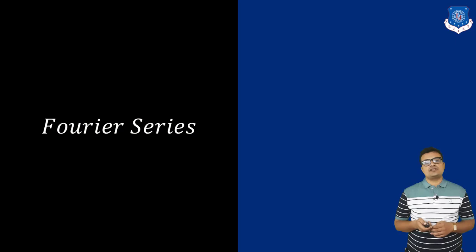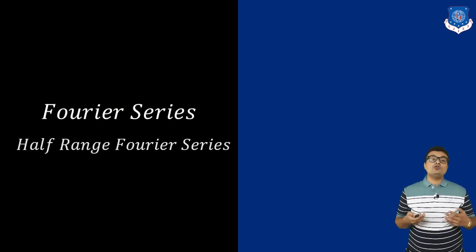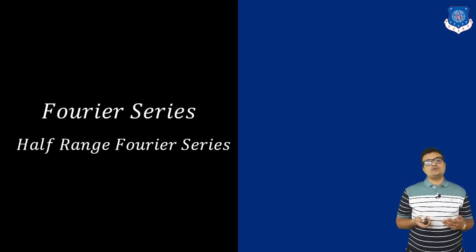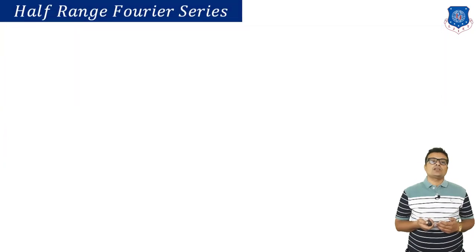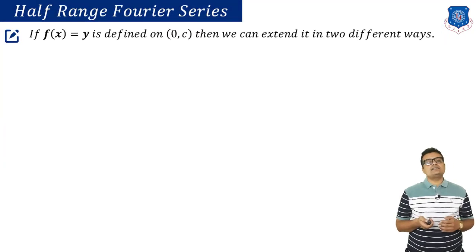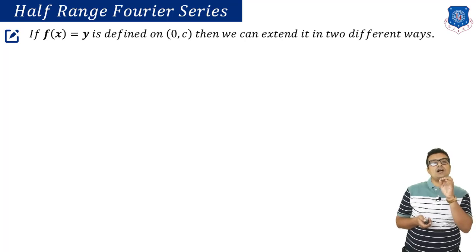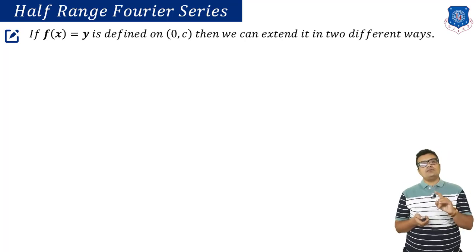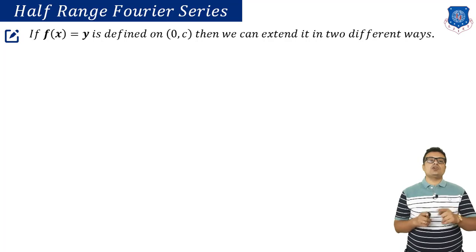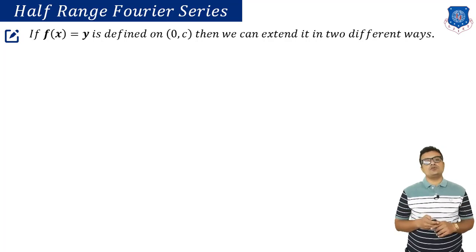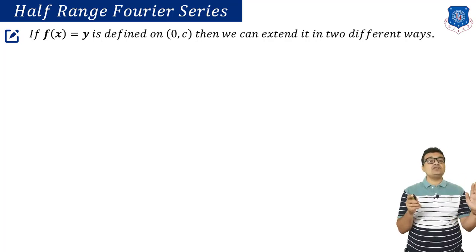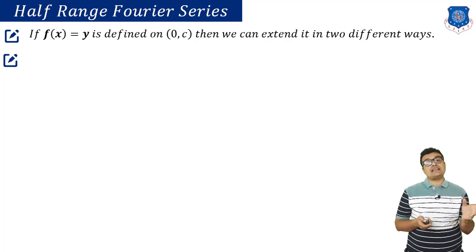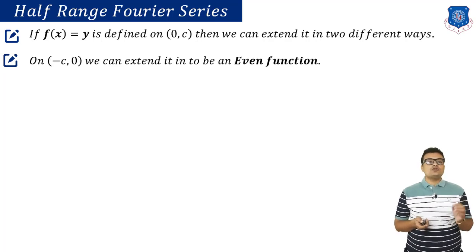We are extending into the second half in such a way that the overall nature will be odd or even. So let us start our first discussion, that is how to consider this half range Fourier series. The idea is that if my function f of x equal to y is defined only on the half interval 0 to c, in the context of the symmetric range minus c to c, then we can extend it in two different ways in the second half, minus c to 0.